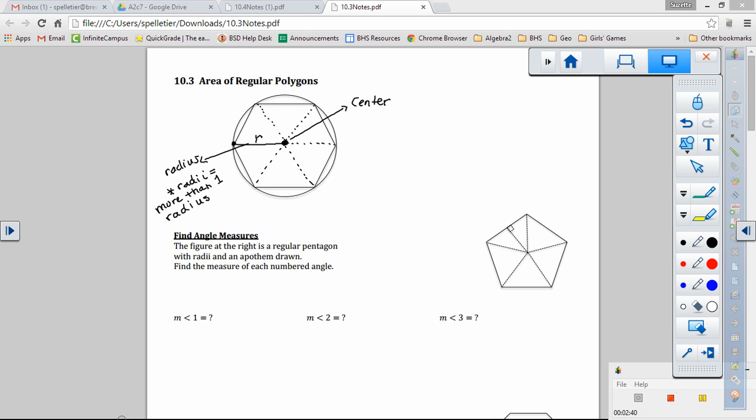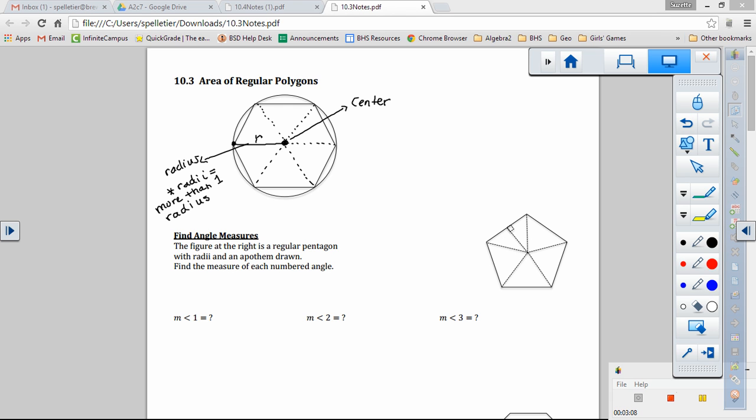When you have more than one radius, you have a set of radii, and this particular figure has 1, 2, 3, 4, 5, 6 radii. So a six-sided figure has 6 radii. It also has 6 triangles that have been broken up by those radii. So 1 triangle, 2, 3, 4, 5, 6. Six-sided figure, 6 triangles, 6 radii.